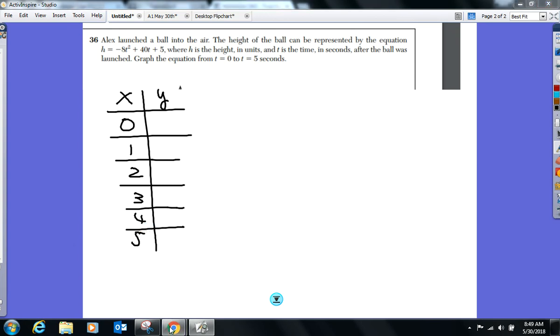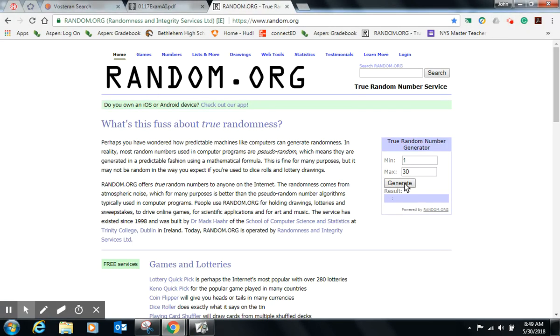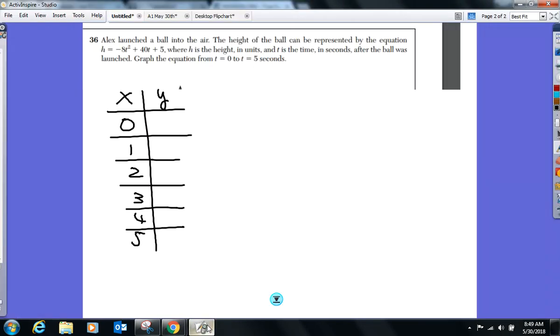Okay, what numbers did you find from 0 to 5?